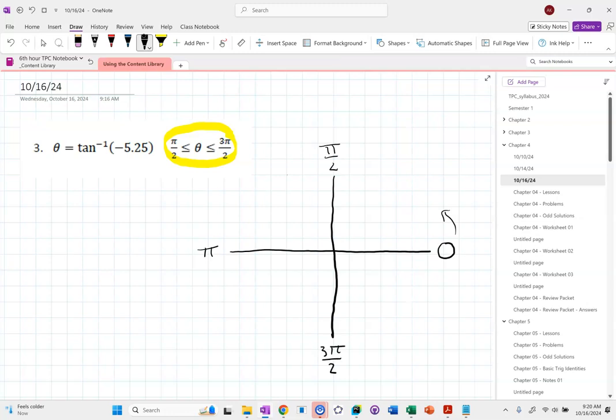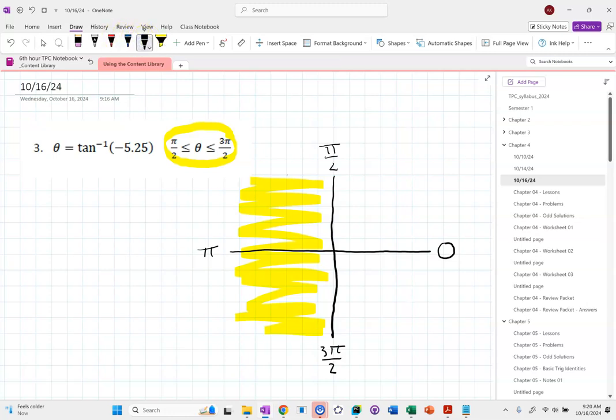That's where I'm going to stop labeling, because I've gotten to the end of that increment. So if I look at where I started at pi over 2 and ended at 3 pi over 2, I'm looking at quadrants 2 and 3. So far, so good? Okay.